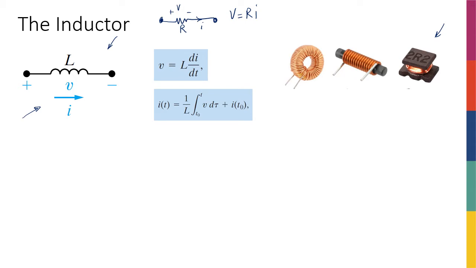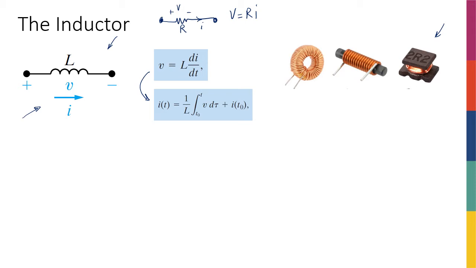Of course, from math, we can tell that if I have the top equation, I can write I based on V. So if V is L times the derivative of I with respect to time, I is going to be 1 over L times the integration of V over time, of course, plus an initial current.